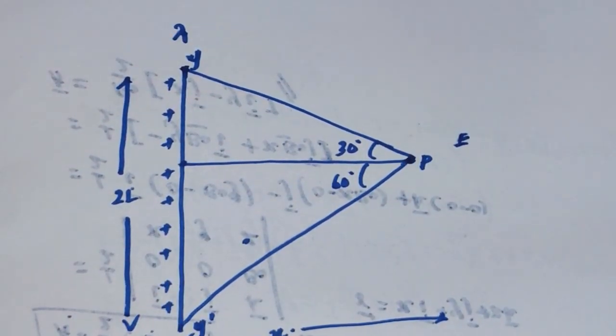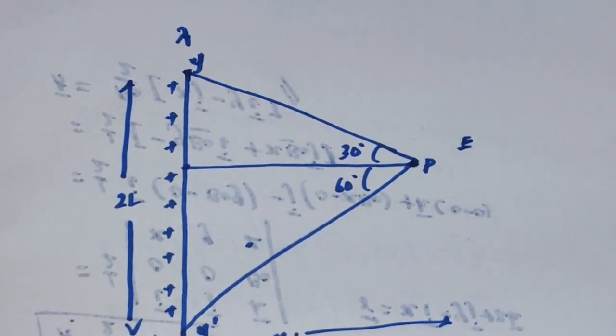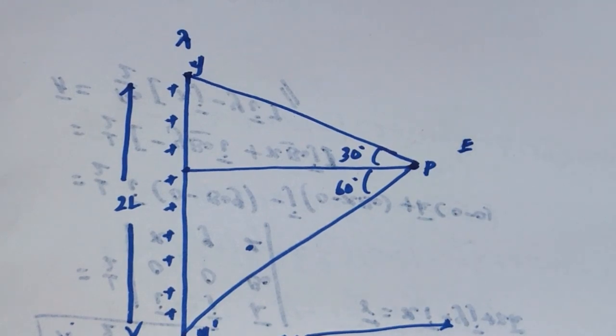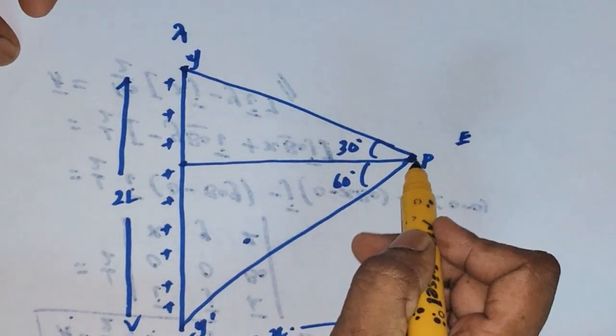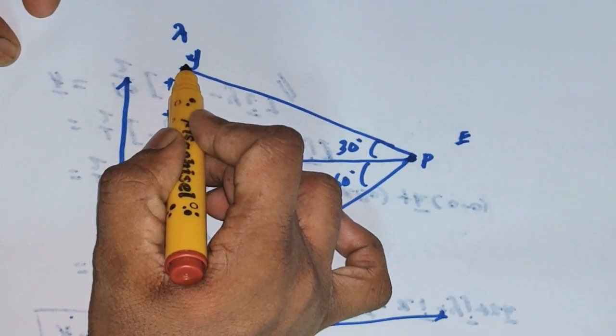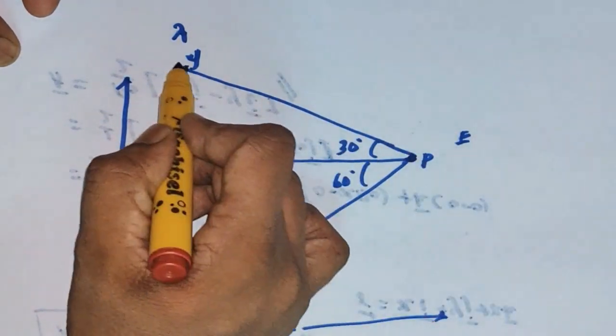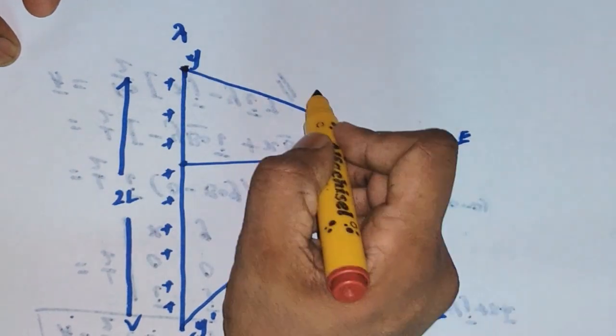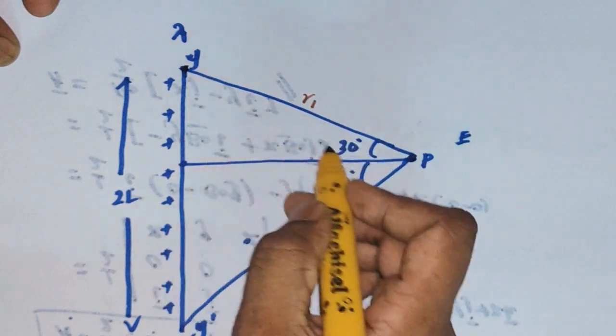Suppose if you want to write the electric field intensity at a point P, what you have to do? You need to draw the vector diagram, because here the x component and y component are not equal. Suppose you are calculating the distance between this end and the point P, it is r1.